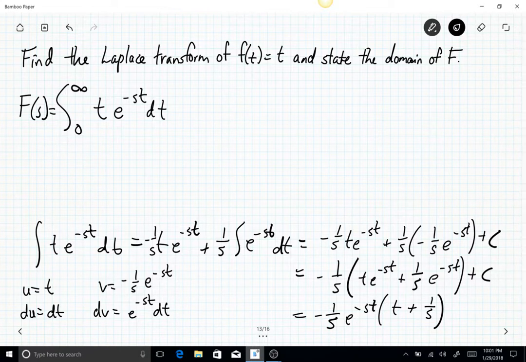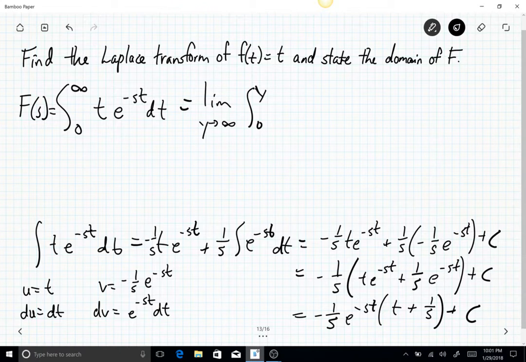Alright, so, and plus some constant c. Taking this good old antiderivative here, we can first rewrite it as the limit as y approaches infinity of the integral from 0 to y of t e to the negative st, and that equals the limit as y approaches infinity.